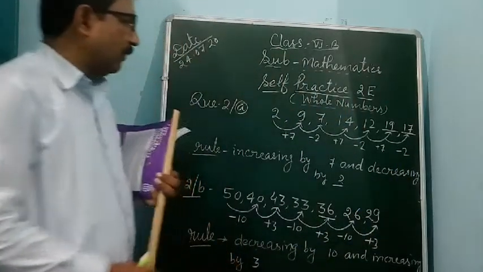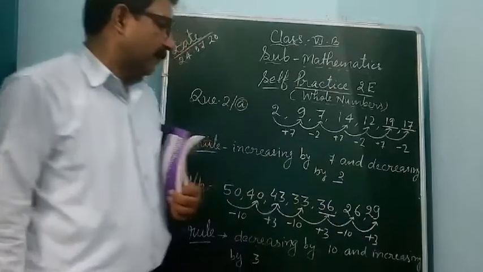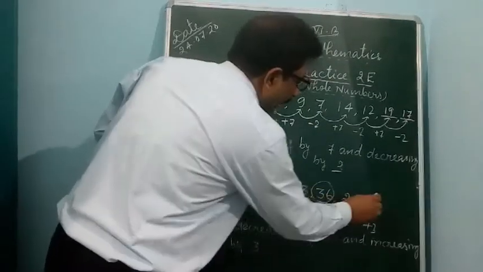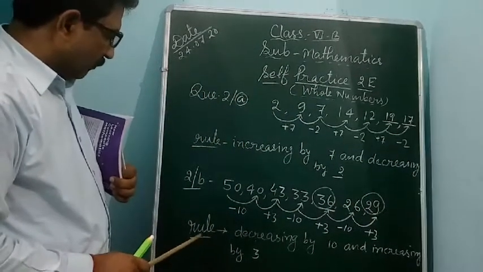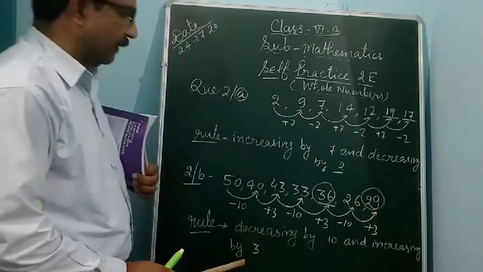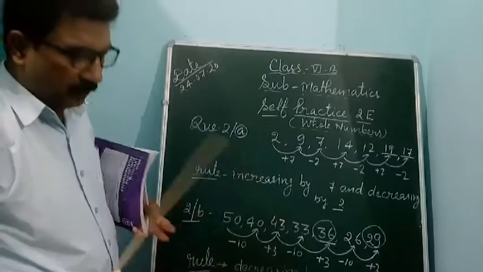So the gaps are 36 and 29. By the rule, decreasing by 10 and increasing by 3, you can follow.